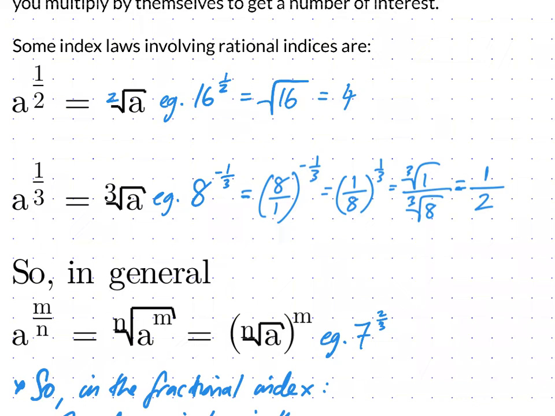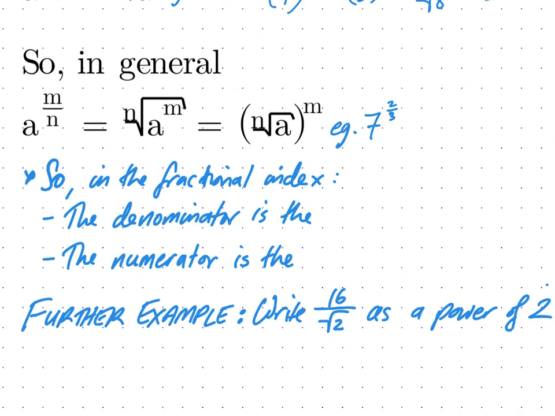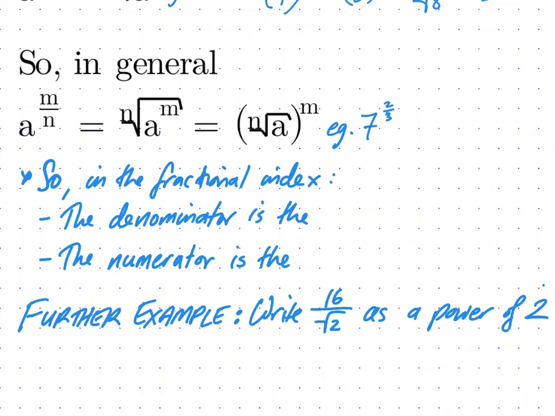Now we'll go on. In general, what you're going to see is that any base number to the power of a rational index, where the numerator is m and the denominator is n, that denominator is actually the level of root. Then you have the base number to the power of the numerator of that rational index.